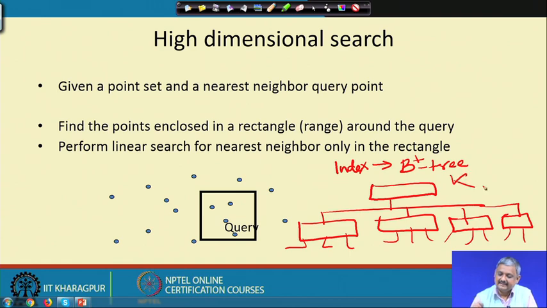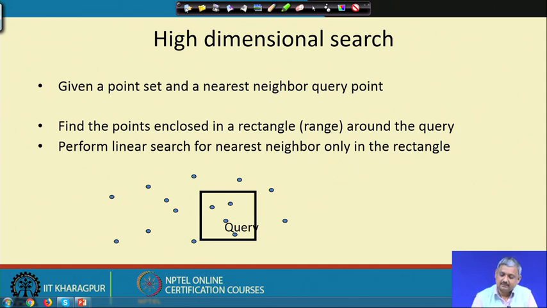And then when you get a key value, you search through the tree till you reach a leaf. Okay. So, it is the same thing that I am doing here, but instead of finding a match with a single key, an equality query, we are doing a range query, whether a key value, some point, falls in some range. Okay.